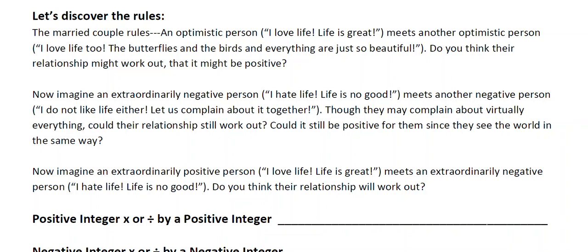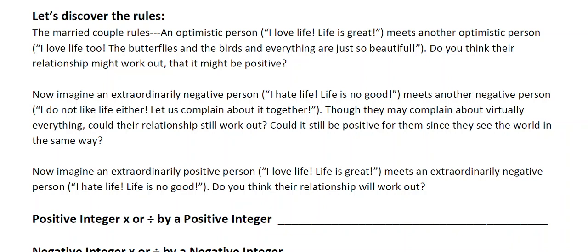Now imagine an extraordinarily negative couple. I hate life. Life is no good. I hate everything. I don't like popcorn, especially mine's always burnt every time I watch a movie, and I don't like even the movie that's on TV. They meet another negative person: I don't like life either. Let's complain about it together. I also don't like my burnt popcorn. I don't like what's on TV, but I don't want to change the channel.